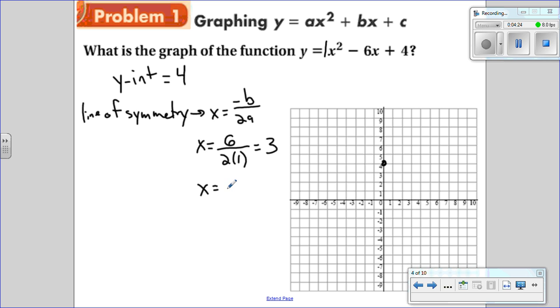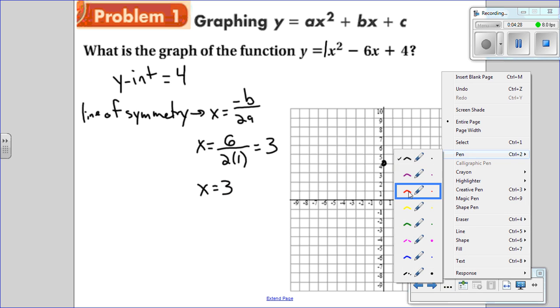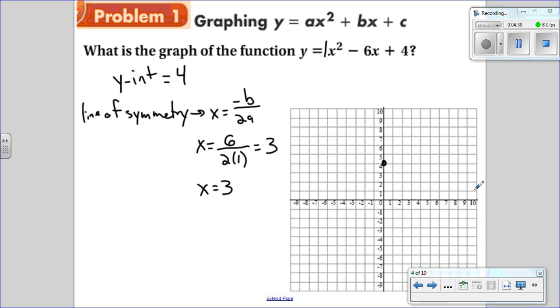So therefore, our line of symmetry is x equals 3. What that means is that x equals 3 is just a vertical line that goes through 3.